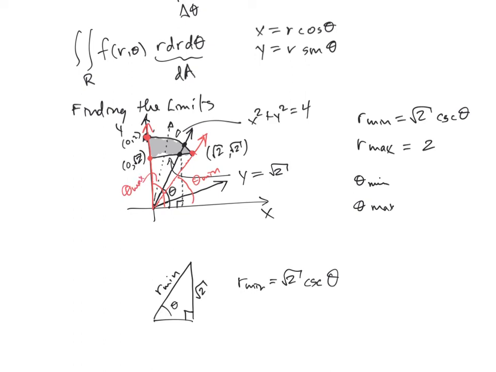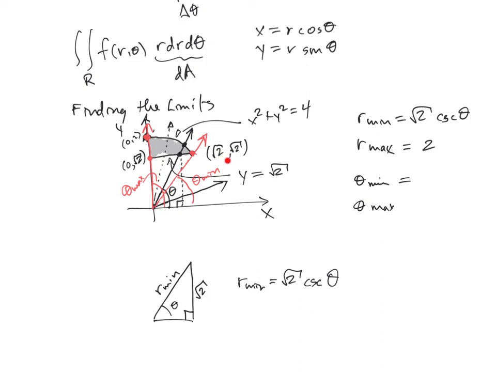Okay, so what's theta min? Now it's going to be this angle here. What is that angle? Well, this point here is root 2, which means this line, if I wrote an equation for this line, what would it be? y equal to x, right? The equation for this line here is y is equal to x, because root 2 is on that line.